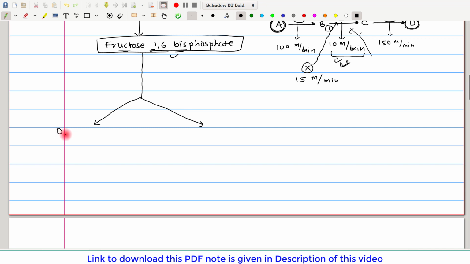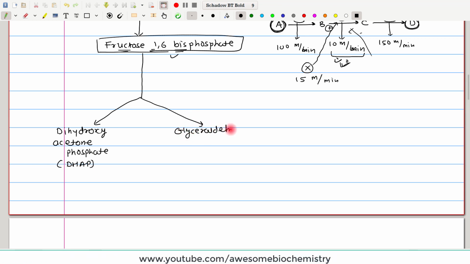One is dihydroxyacetone phosphate, whose short form is DHAP, and the second fragment is glyceraldehyde 3-phosphate, and its short form is G3P. Now, this is also a reversible reaction, and this reaction is catalyzed by the enzyme aldolase A.